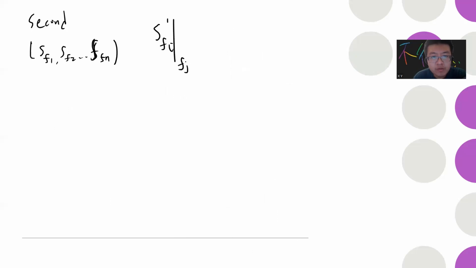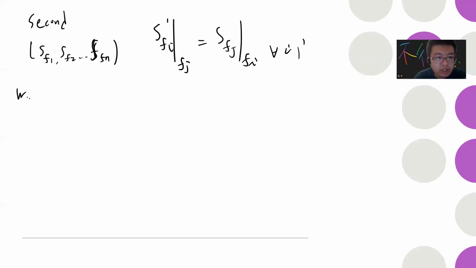The next one, the second one, will be a little bit more difficult. What we need to show is that, let's say we have s_1, s_2, up to s_n, and suppose that s_i restricted to D(f_i f_j) is the same as s_j restricted to D(f_i f_j) in the ring localization for every i, j.